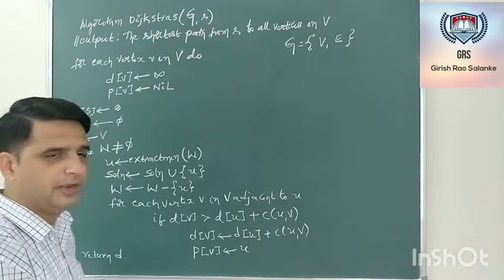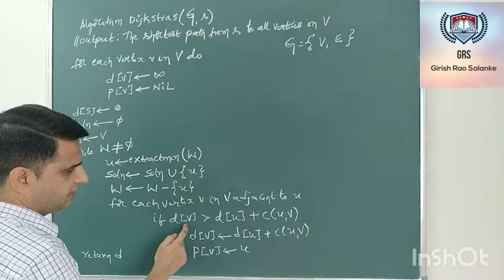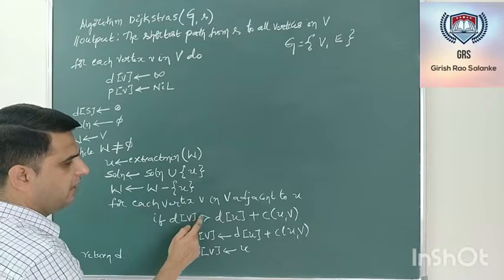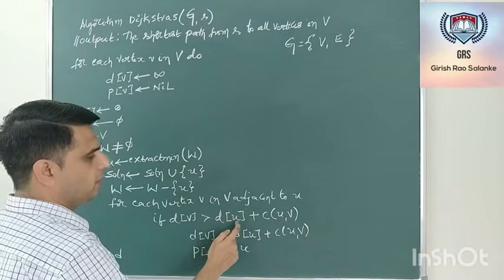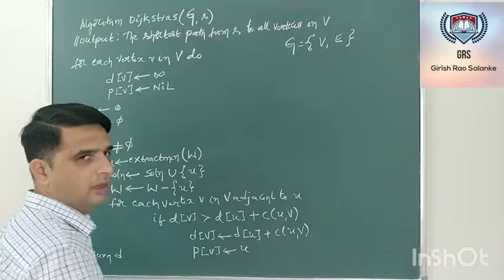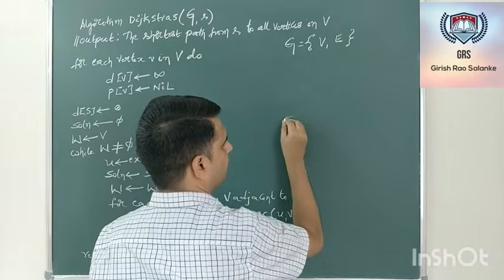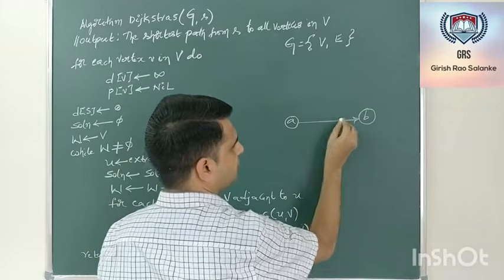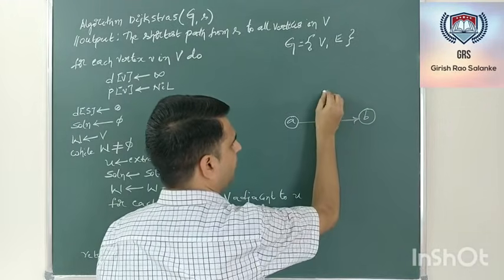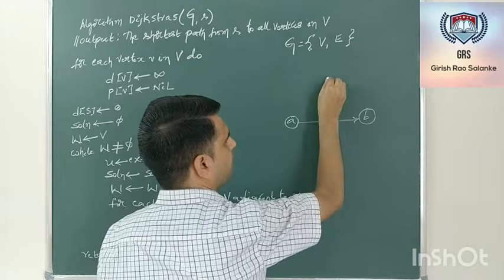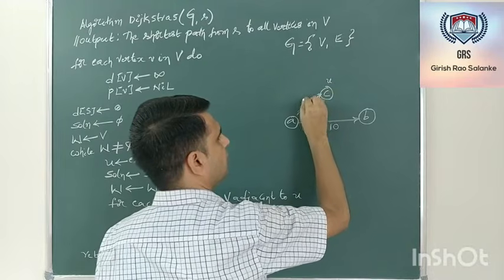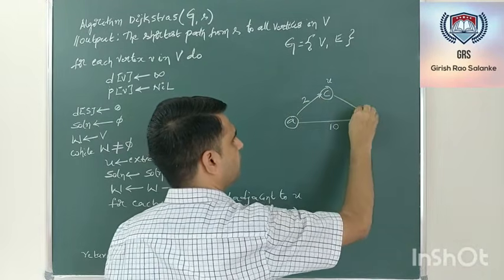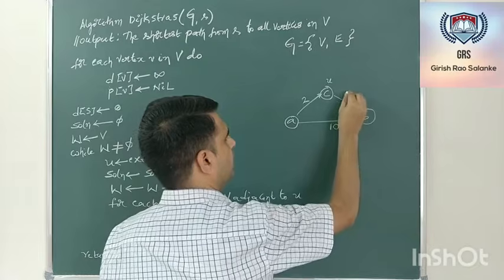How do you need to check? If the existing distance, if D of V is greater than D of U plus C of U comma V. In the sense, if this was my vertex, so initially if this distance was 10, and assume that this is my U, which is my C. So to C there was 2 units, and from C to B there was 4 units.